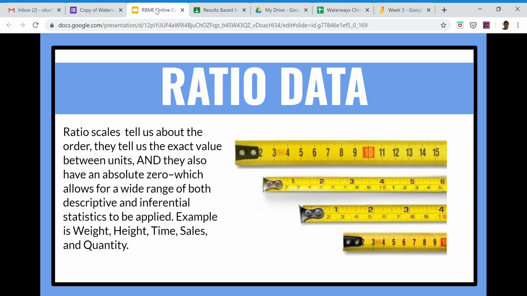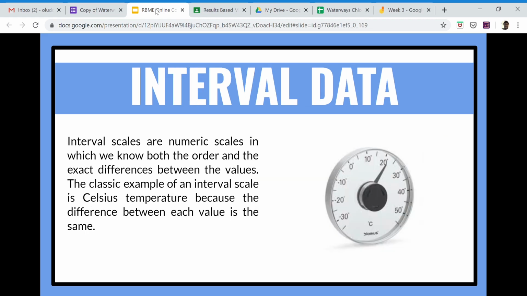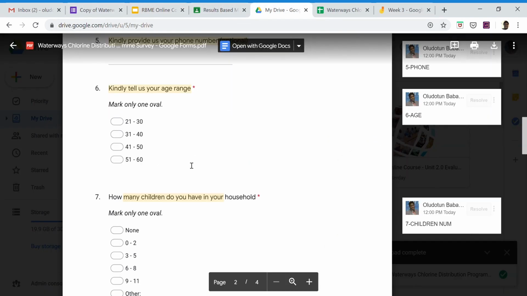So you have heights, which can be 5.7, and weight, which could be 6.5 kilograms. Time, sales, 3 naira 20 kobo or $10.20. Think about that as ratio skills, while interval data are whole numbers, an example being what we have in our questionnaire, especially these two as well.